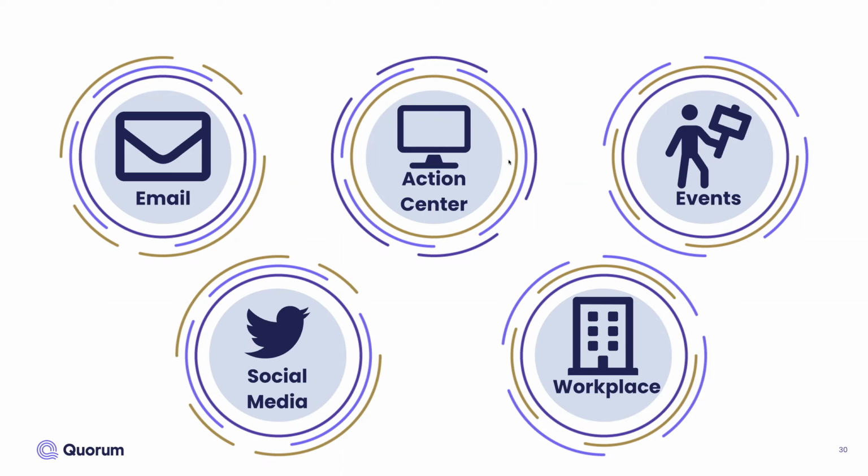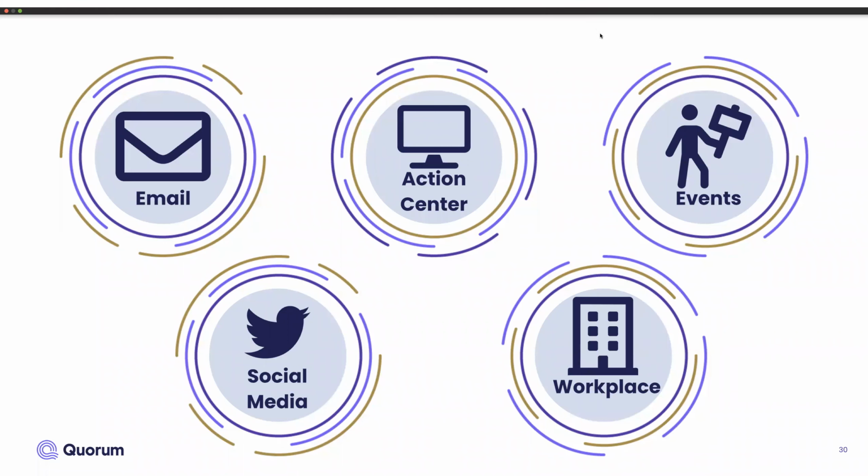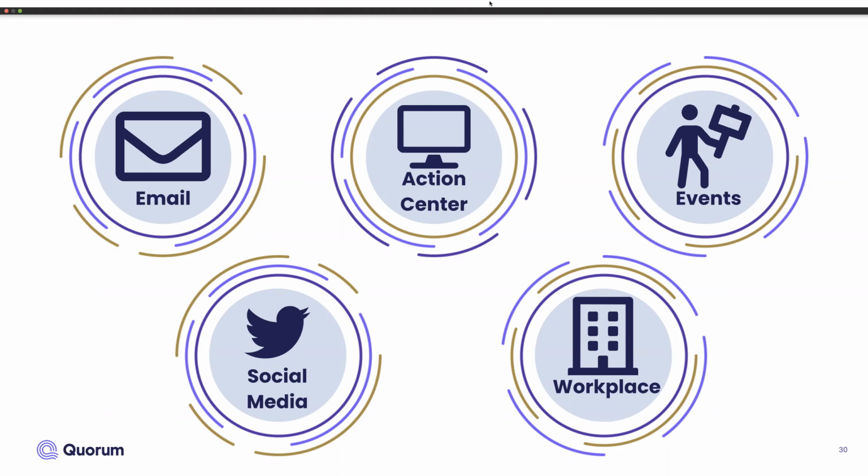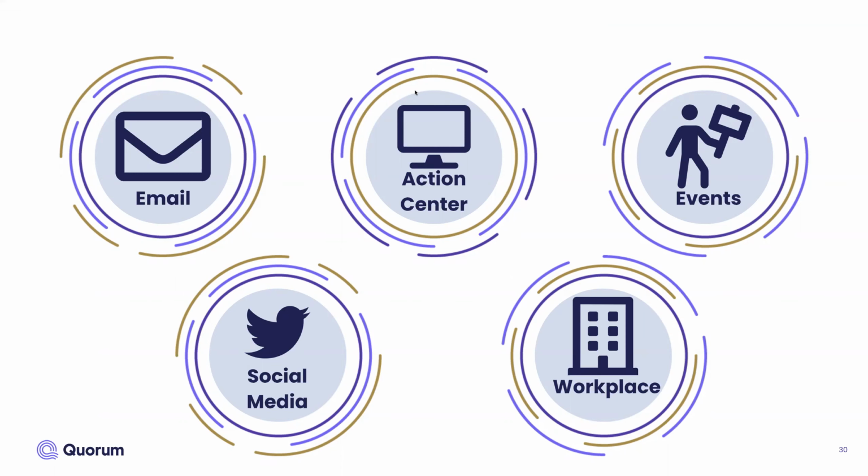Those grass tops advocates then hung up posters, passed out swag that promoted their advocacy campaign and started generating buzz amongst the member company employees. So just little things like that, really taking advantage of the channels where you already have these people's attention can make it go that extra mile.